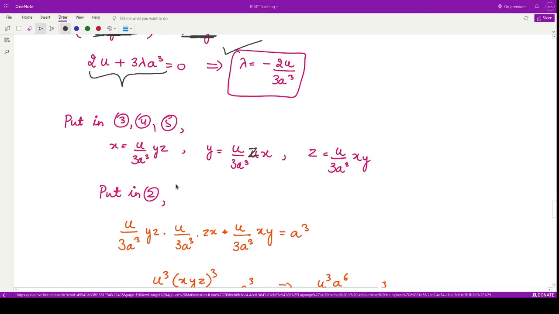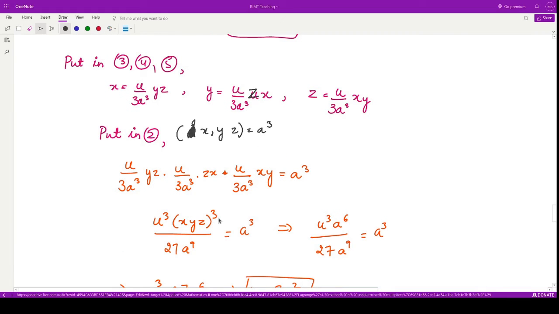You can then substitute all these values in equation 2, which was x y z is equal to a cube. It becomes u cube times x y z whole cube divided by 27 a to the power 9 is equal to a cube. So from here you can calculate u in terms of a.